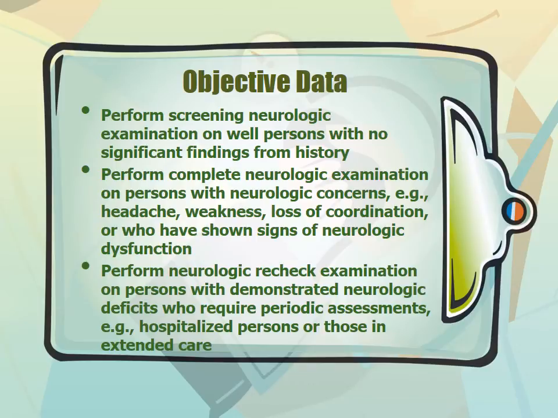We're going to perform a complete neurologic examination on persons with neurologic concerns as well, things like headaches, weakness, any kind of loss of coordination, or who have shown signs of neurologic dysfunction. And we're going to perform neurologic recheck examinations on persons who have demonstrated neurologic deficits in the past, who require periodic assessments. For example, hospitalized persons or those that are in extended care.